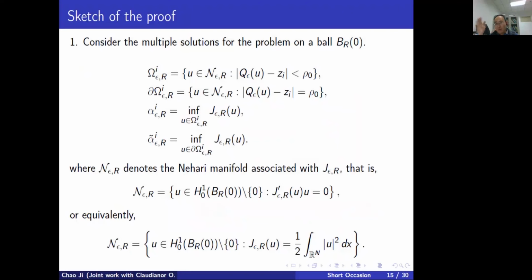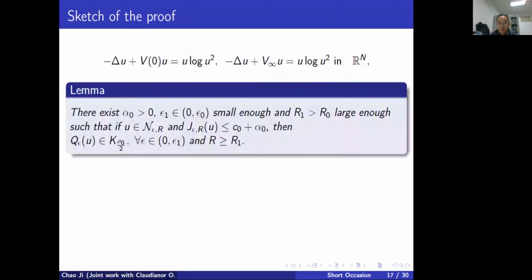It's also easy to prove u is a solution of the original problem. But we don't know if u is non-trivial. Maybe u is 0, so it's not meaningful. So we will use this to prove u is a non-trivial solution. I just show the main idea. Here is a limiting equation.